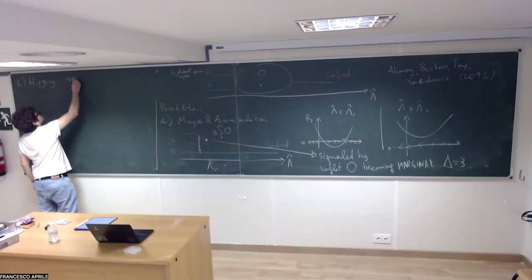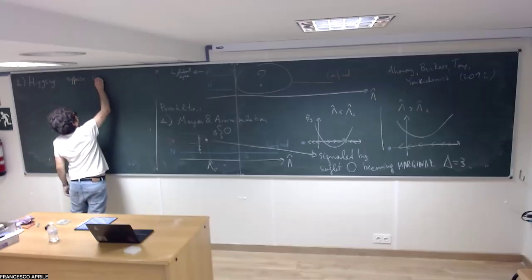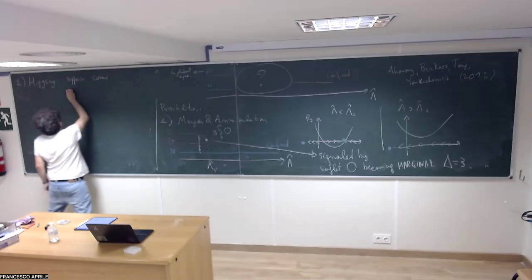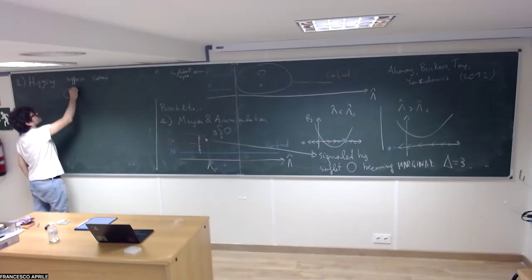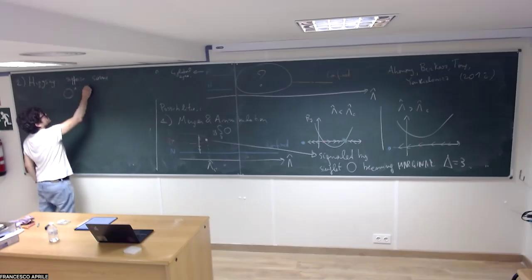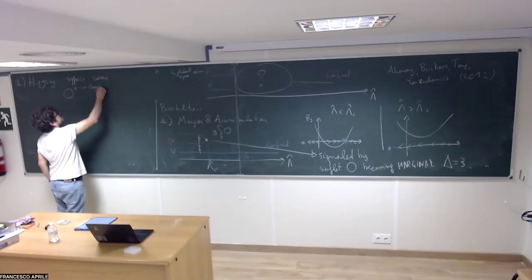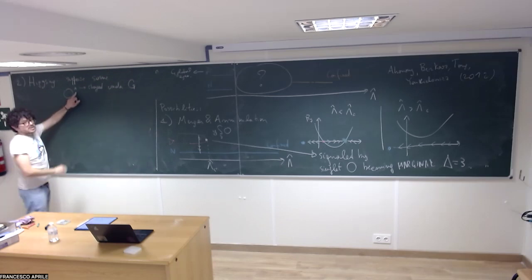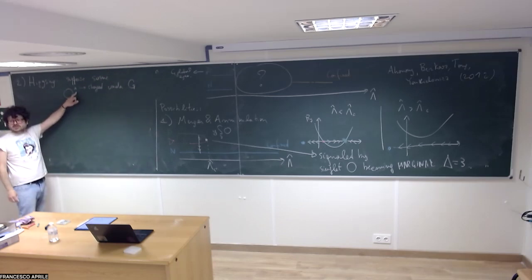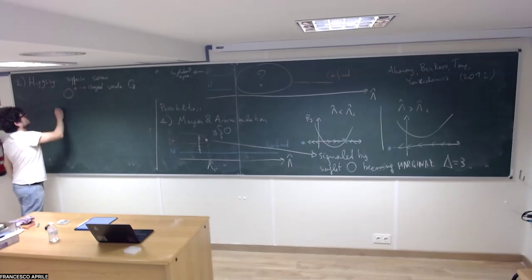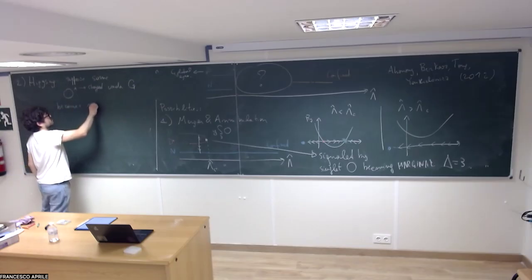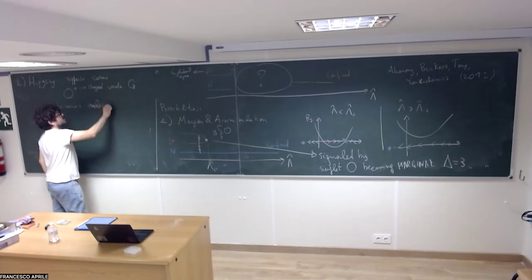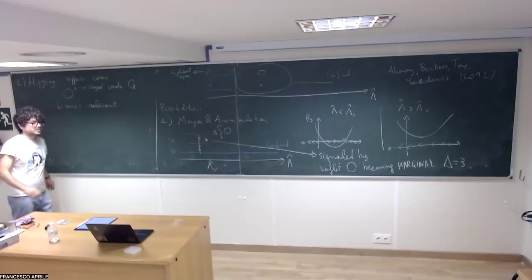Suppose some operator O with some index A, which means it is charged under G, where A is some index of a representation of the color group, becomes marginal at some point, or becomes relevant beyond some point.